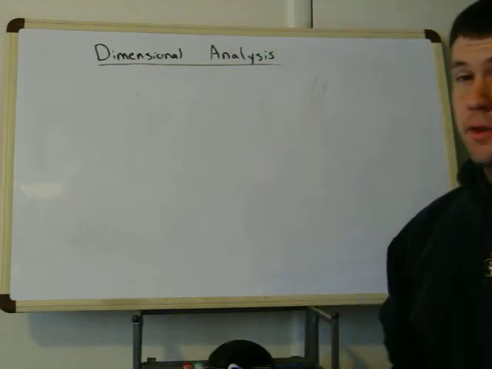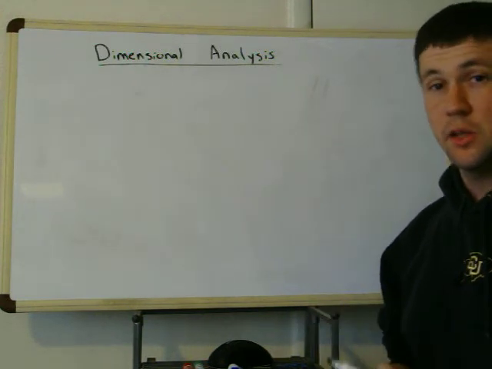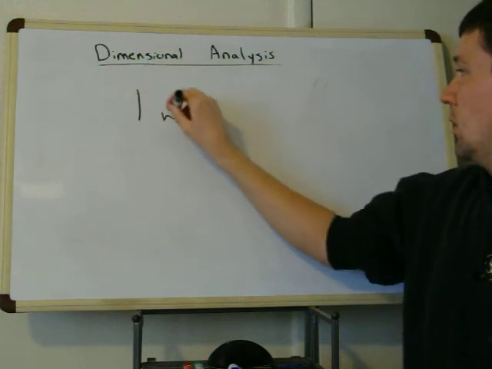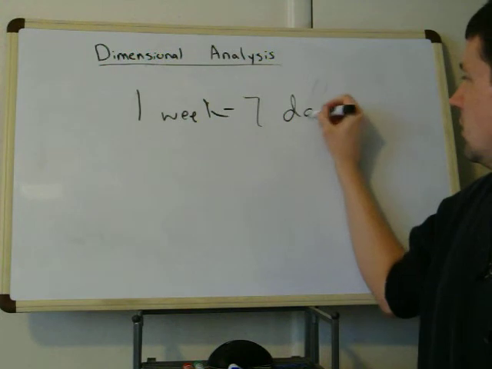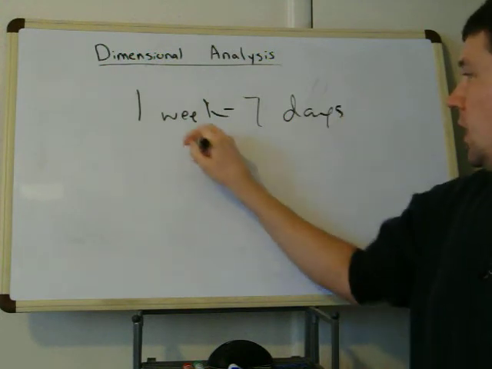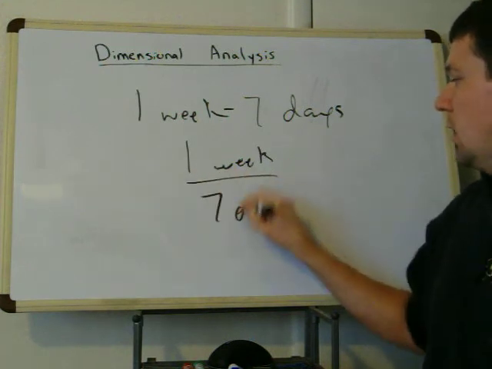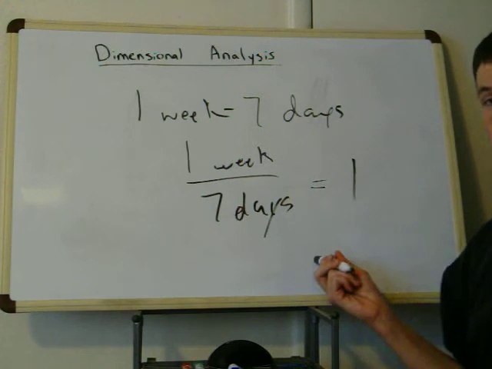Alright, now remember that there are other things in different units that are also equal to themselves. So if we have 1 week is equal to 7 days, we can say 1 week over 7 days, that equals 1.